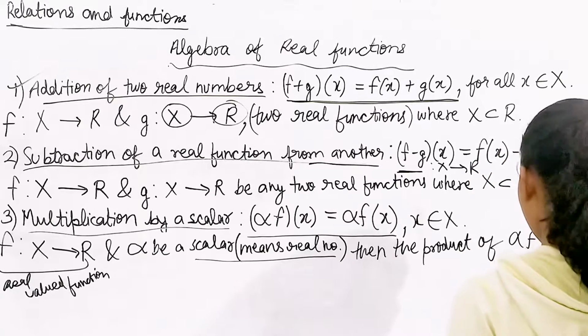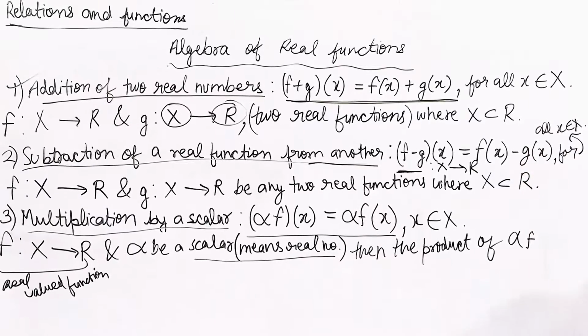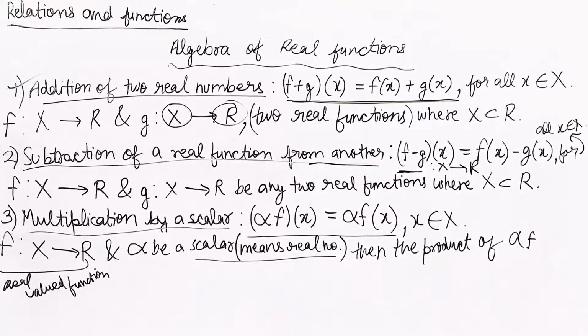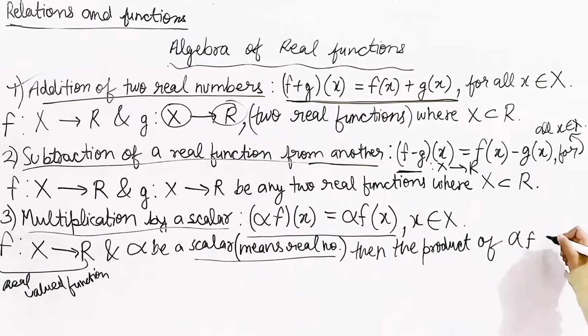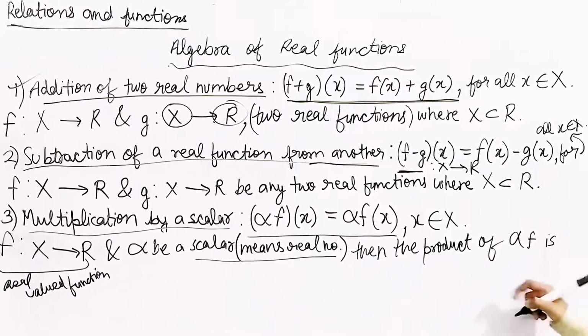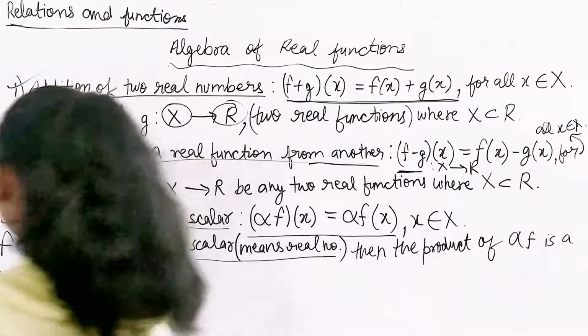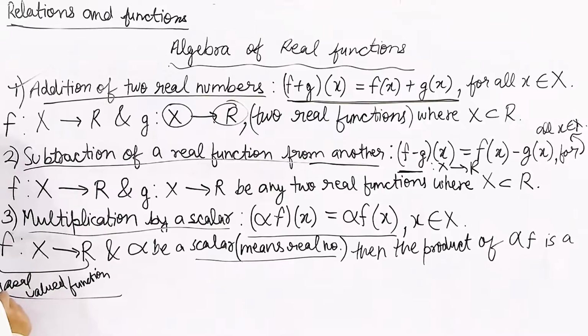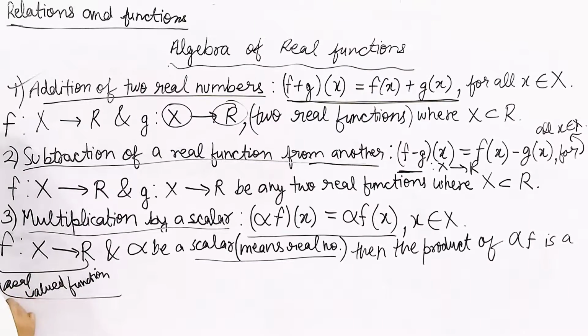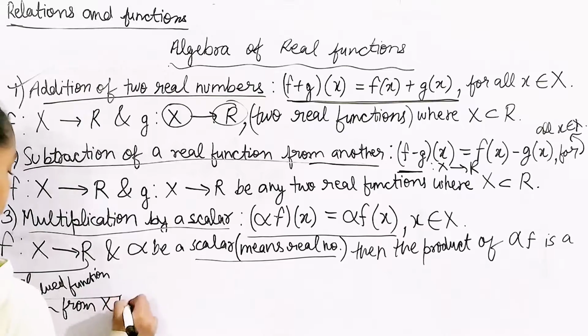alpha f is a function, we know. Then the product of alpha f is a function from X to R. Just have a look.